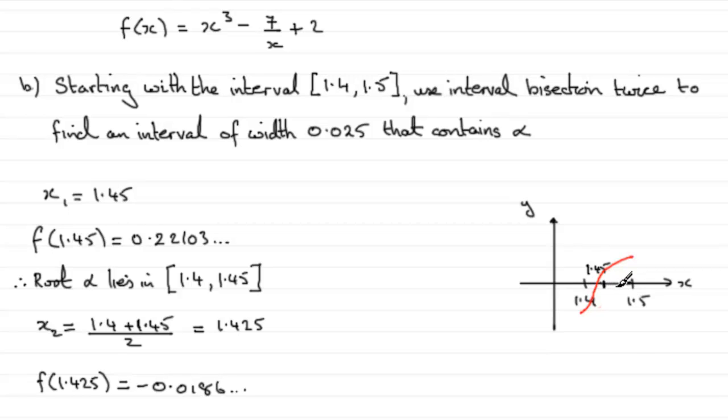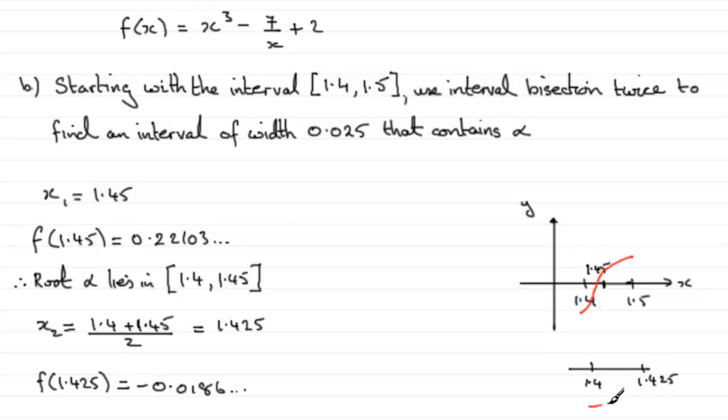If we were to magnify that, because it's getting a little bit hard to see, we've got that interval 1.4 and 1.425, and we see that it was already negative at this point here, and it's still negative at this point here.